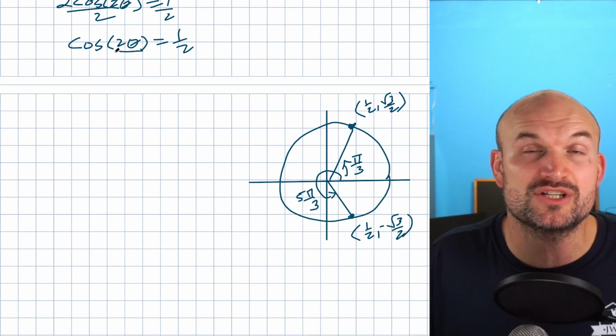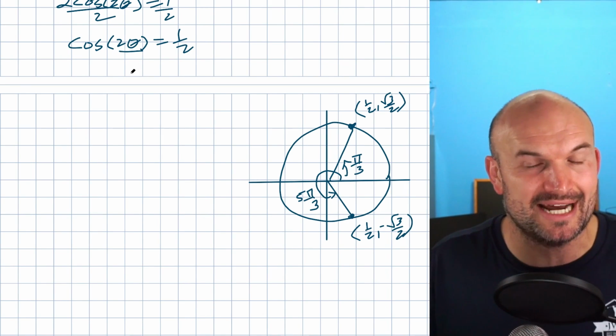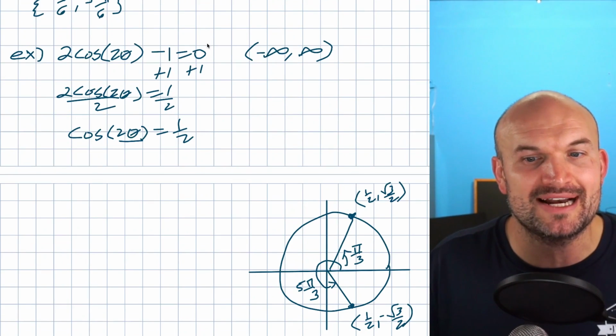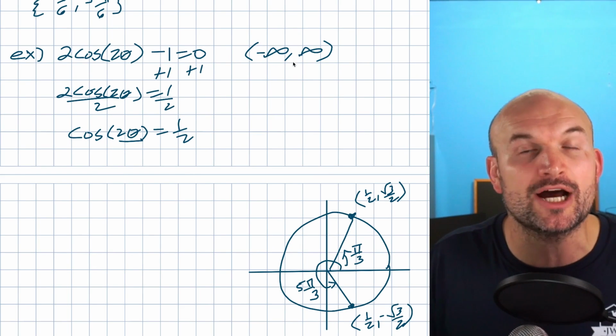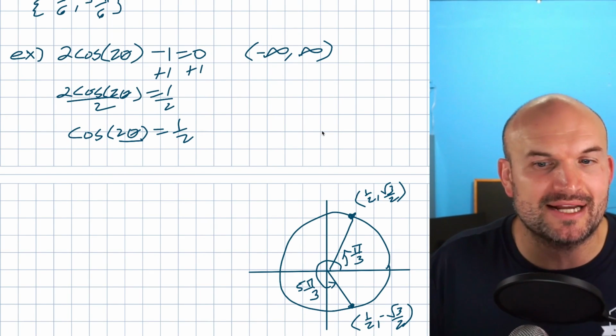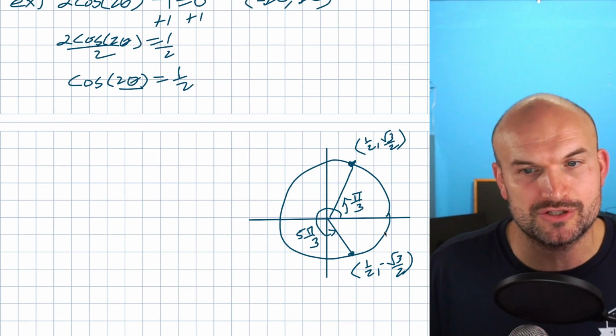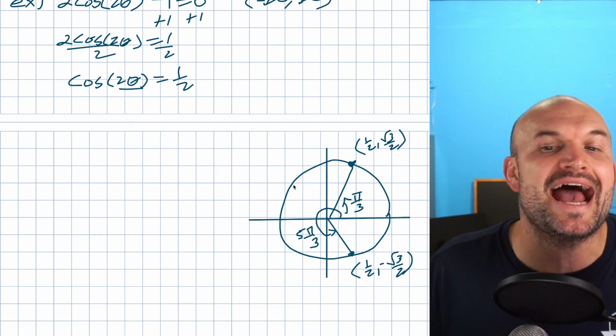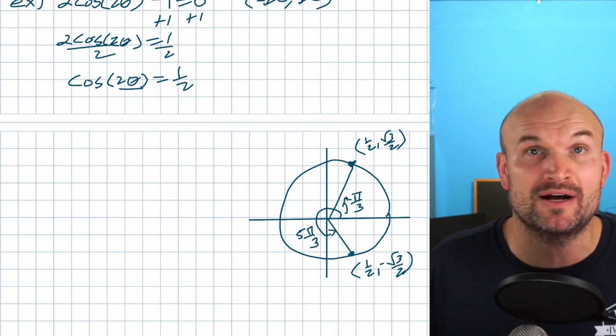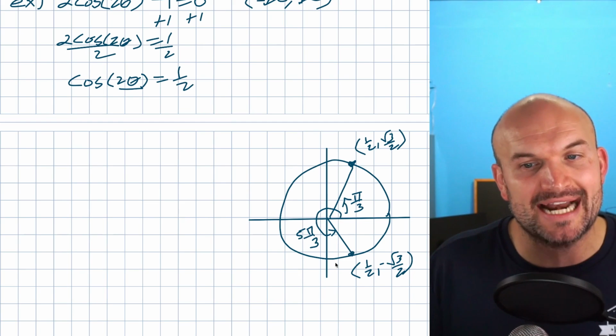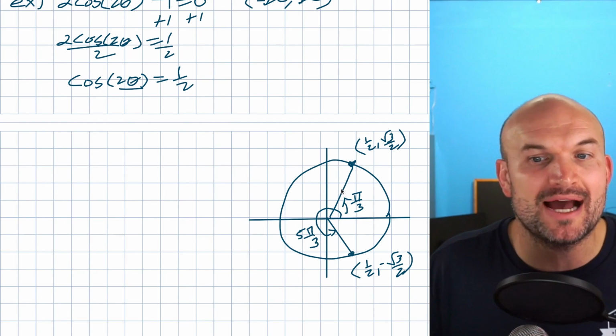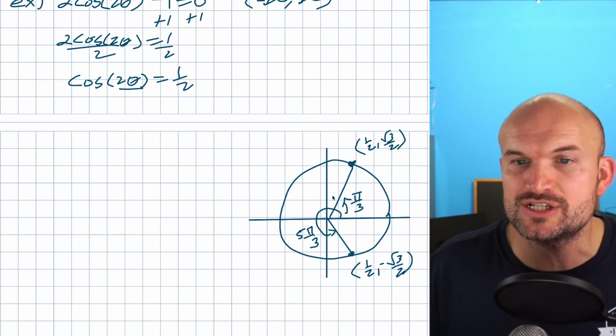Now again, this is for solving for 2 theta, not just theta. And also remember, we're not trying to find solutions on the interval of the unit circle. We're trying to find all of the solutions. So it's important to recognize that, let's just say I'm traveling around the unit circle. If I have pi over 3, I'm going to have to add 2 pi to go all the way around the circle as well. But every single time I add 2 pi, I'm going to keep on landing on this angle, which is going to be a solution.